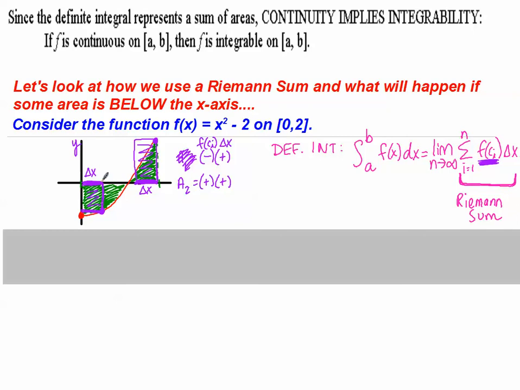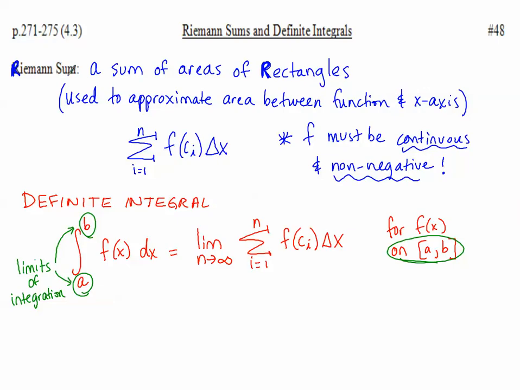But for the part that's below, my function value is negative, and if I multiply my negative value times my positive delta x, I get a negative value for area, and that doesn't make sense. So if the definition of a Riemann sum is a sum of the areas of the rectangles, we only are using a Riemann sum when the function is non-negative.